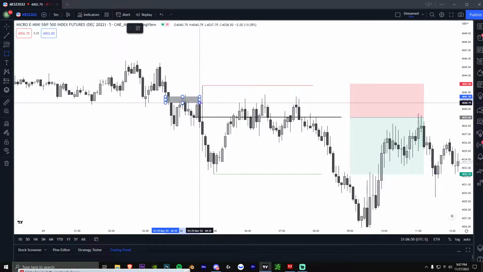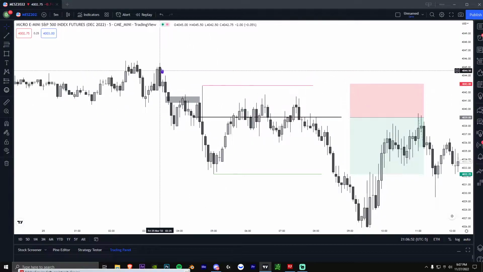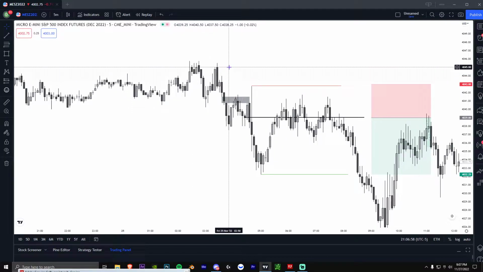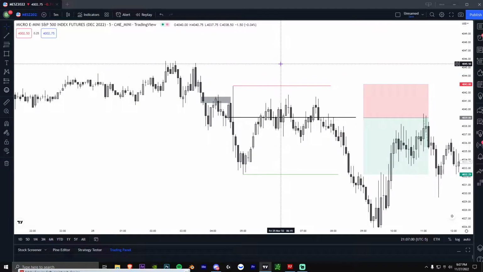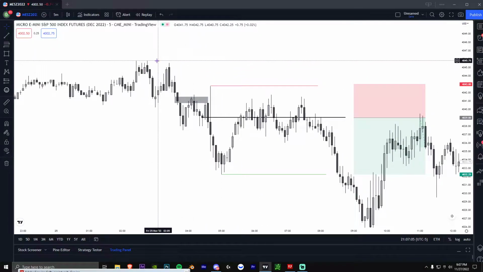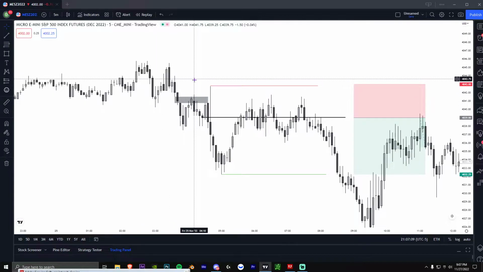Let's say you go short on this small fair value gap, your stop would be above the swing high, and obviously this wick isn't as big as this wick. But the reason why the stop above the recent swing high is so good is because the chance that there's going to be a liquidity grab above where it created a fair value gap is very slim, because that would mean it has to go through the fair value gap, do a liquidity grab, and then go down again, and that makes no sense.